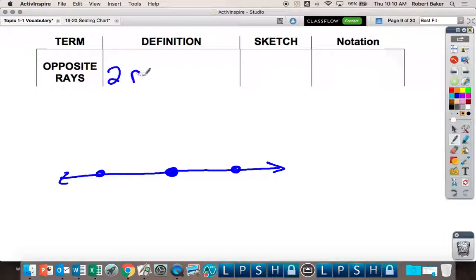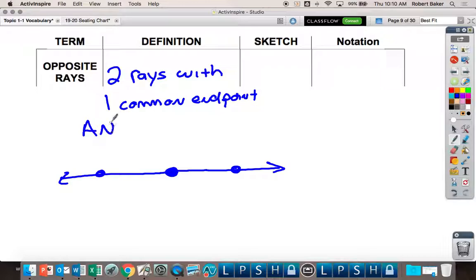two rays with one common endpoint. Two rays with one common endpoint and forms a line.